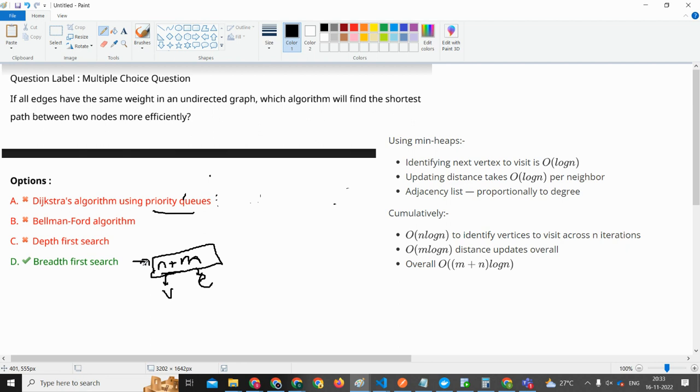Uma, Mahi, Pooja, what's your statement? For priority queue, we can remember that it is m plus n times log n. For breadth first search, it is n plus m. DFS we are not considering, but for Bellman-Ford is it n square?